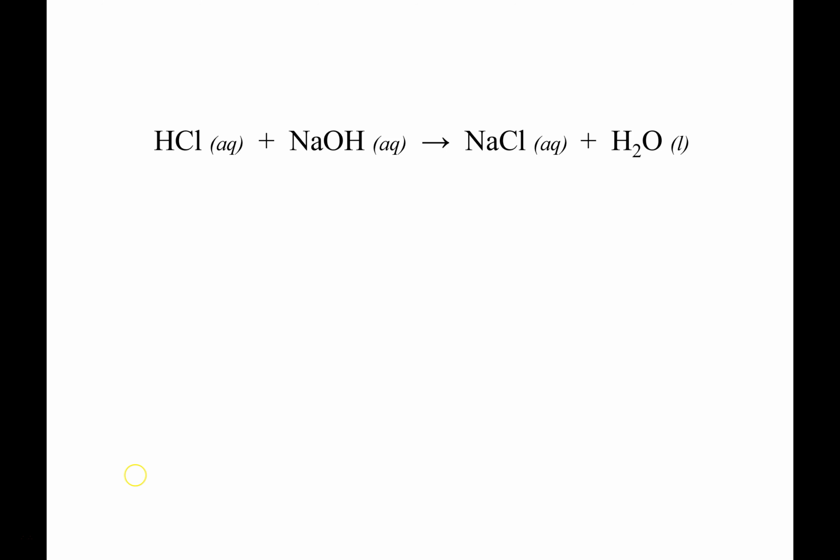We could identify what's losing a proton and what's gaining a proton. And we could break up the aqueous species into their individual ions, like this. So the net ionic equation: the things that appear on either side of the single reaction arrow can go away.